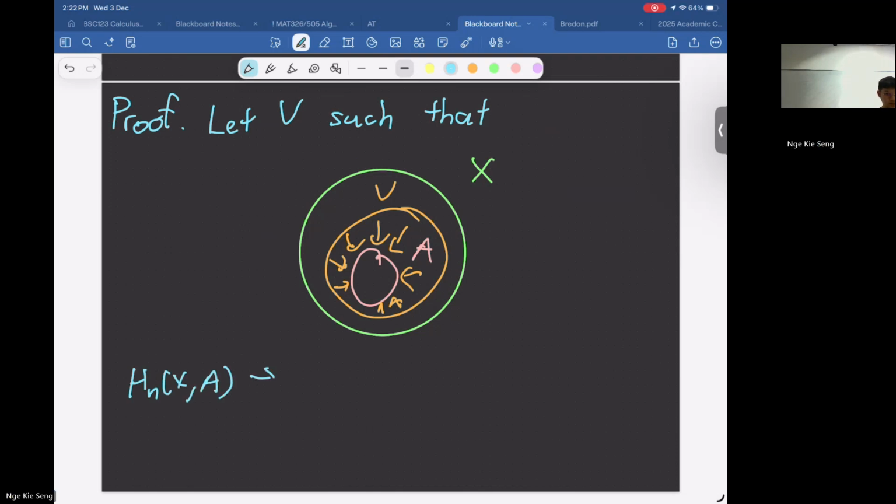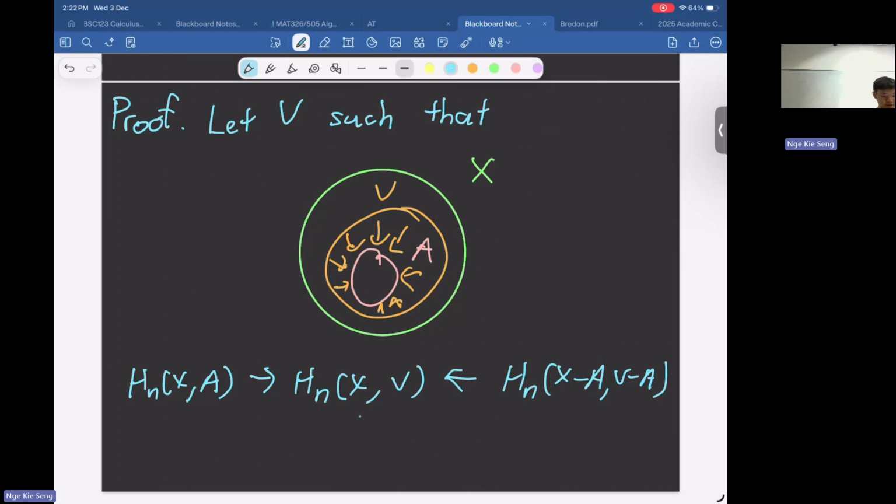There are two cubes happening here. Maybe you can try and see where these arrows come from. Try and guess or think about it.